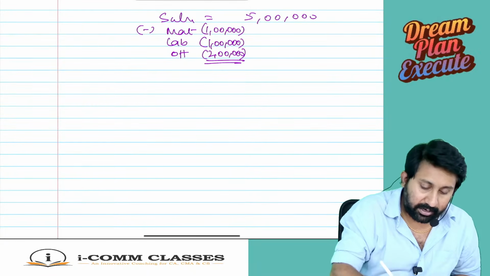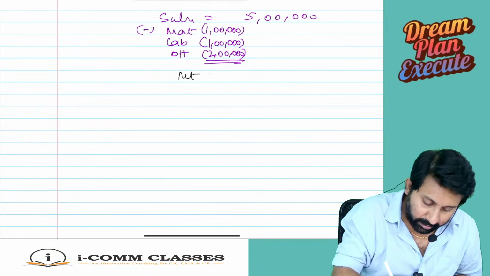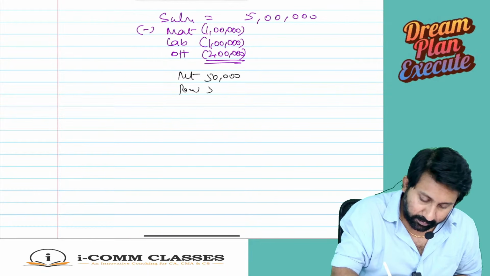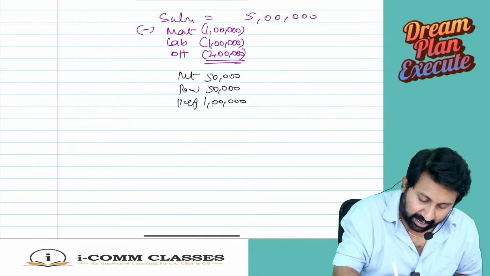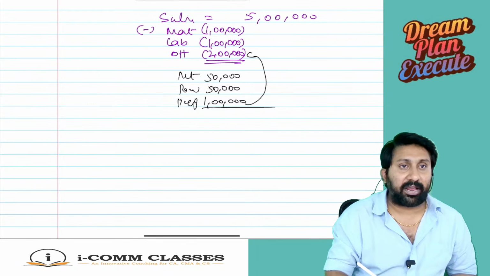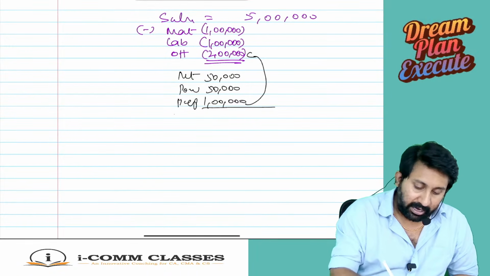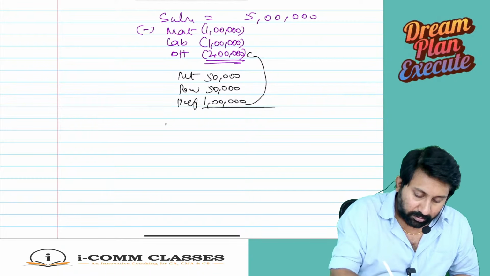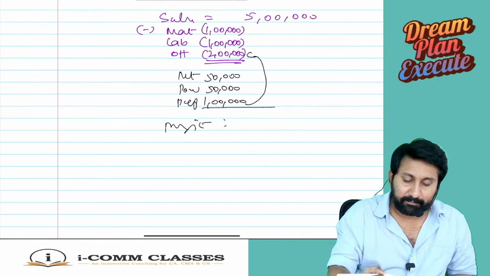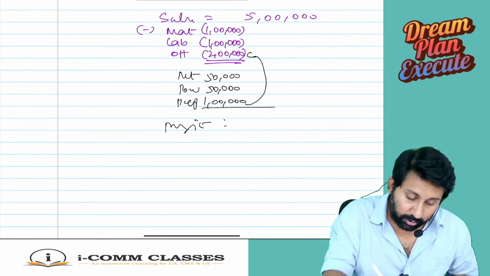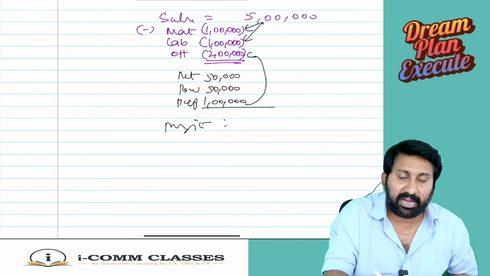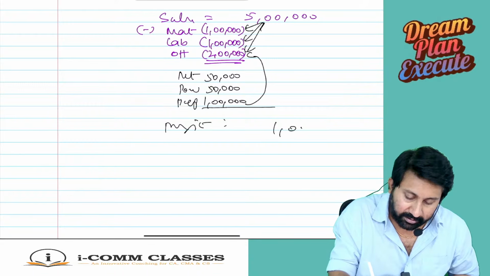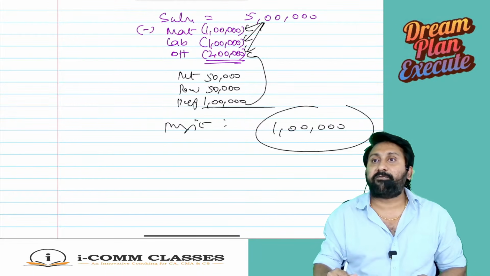In this 2 lakh, rent 50,000, power charges 50,000, depreciation 1 lakh, totally 2 lakh. Tell me, sales minus cost, what is the profit? 5 lakh minus 1 lakh is 4 lakh, minus 1 lakh is 3 lakh, minus 2 lakh, how much? 1 lakh is the profit from this transaction.